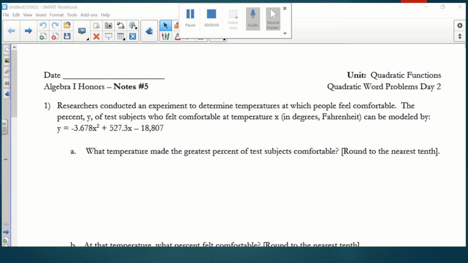As far as word problems go, our x-intercepts typically tell us some sort of time frame, how long something has been in the air, etc. And then we also have our y-intercept, which is when our x value is 0.